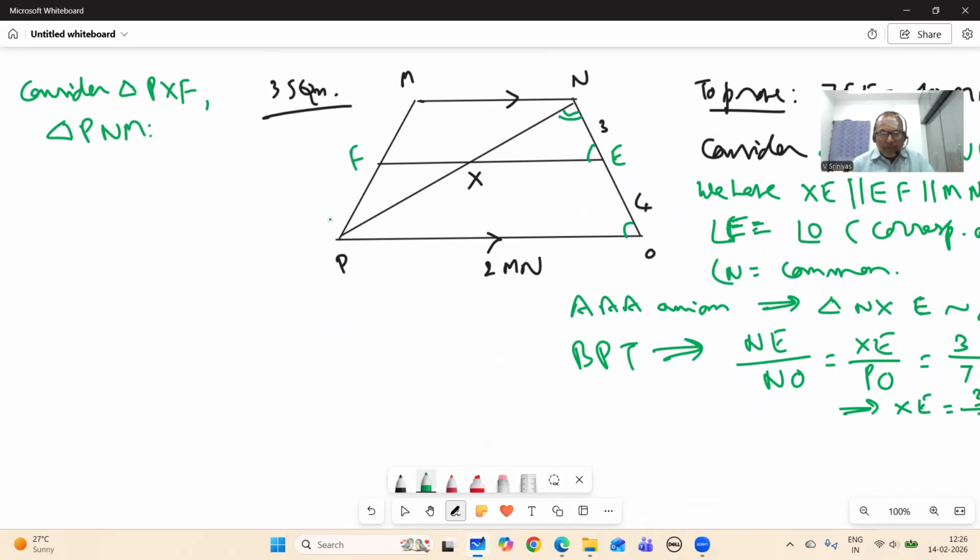In these two triangles, FX is parallel to FE and FE is parallel to MN. So FX is parallel to MN. And if you compare, PM is a transversal.